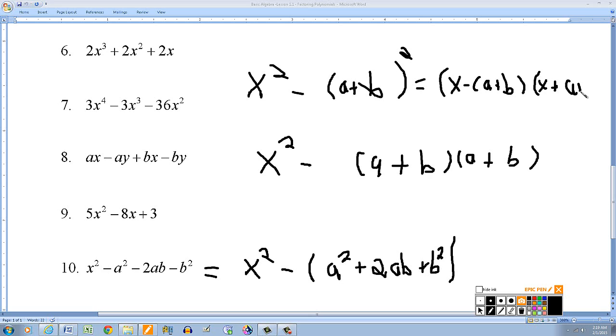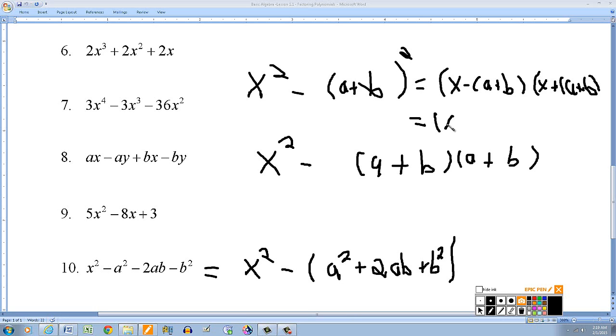And then to simplify it a little bit further, I'm just going to distribute the minus sign. So that'll be x minus a minus b.